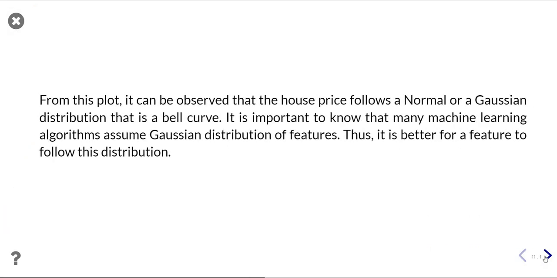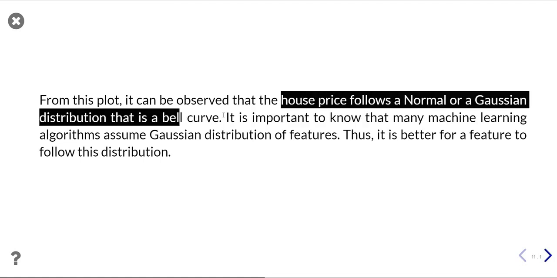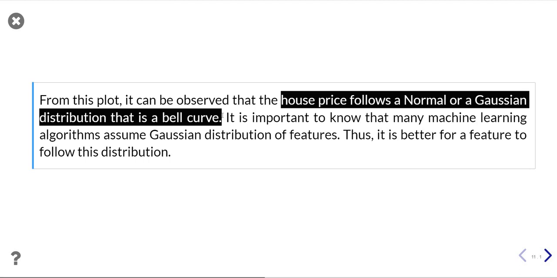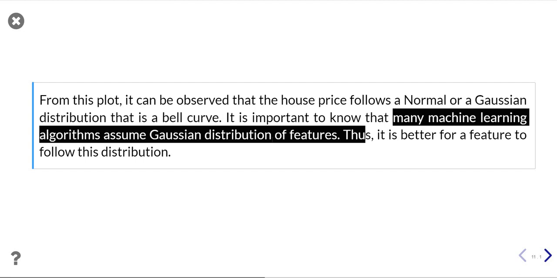It's quite interesting to see that, of course, in this case, the house price follows a normal or Gaussian distribution, which is known as the bell curve. Many machine learning algorithms assume Gaussian distribution features. Why it is important for us to look at this distribution is that whenever you see this Gaussian distribution, it means that your data is well distributed.